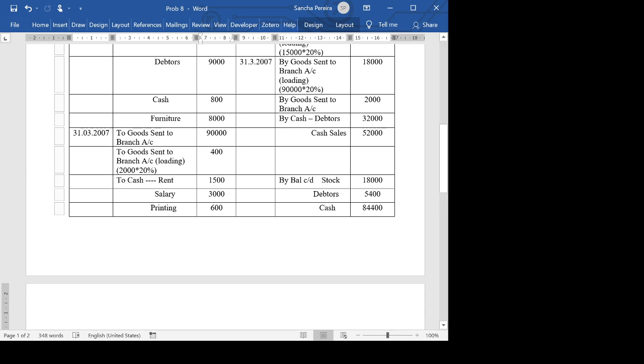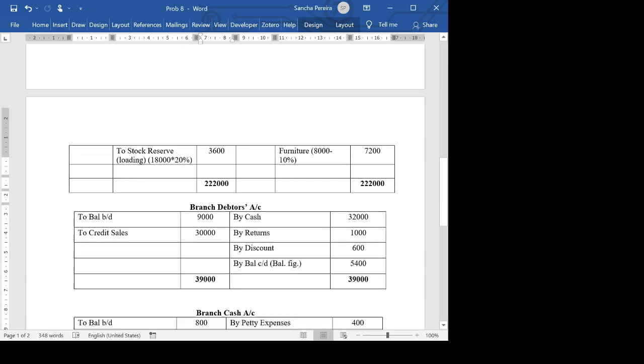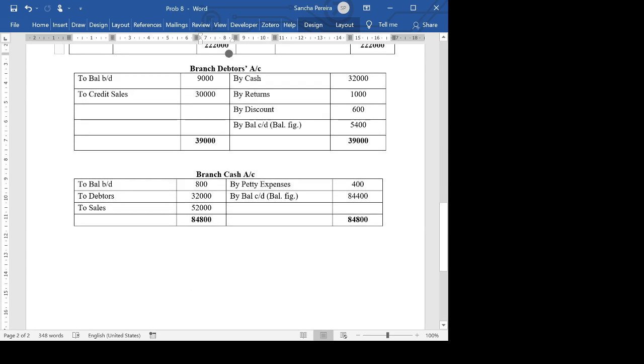Okay. I just forgot one thing. There is a slight mistake in the cash account. We have not included one transaction. Can anyone tell me what it is? This balancing figure is not correct. There is something that we have not included.